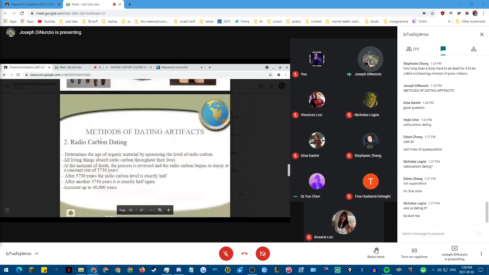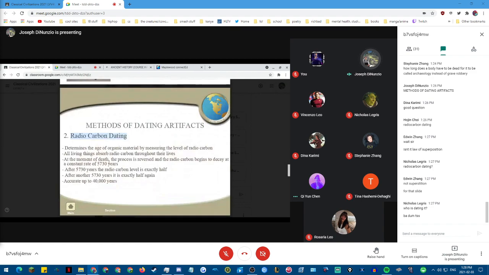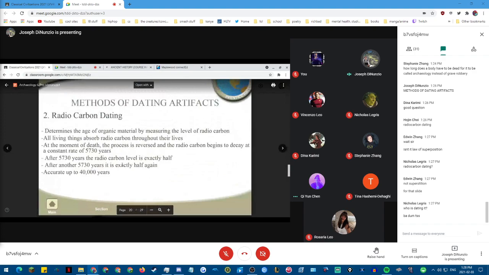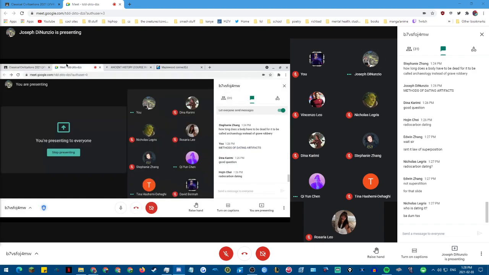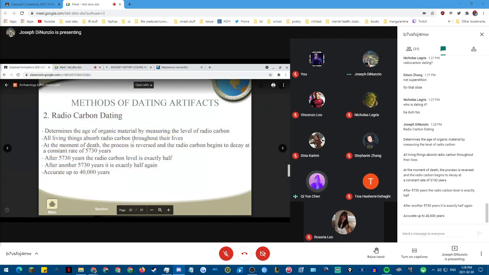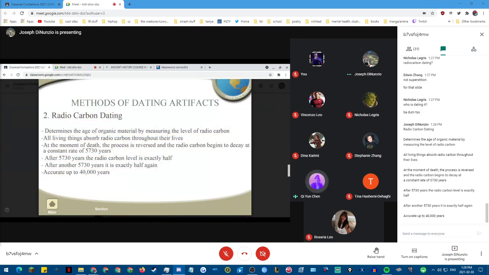So this is a better one, right here, radiocarbon dating. This is a really good explanation of what it is and how it works. Go ahead. Number 2, radiocarbon dating. It determines the age of organic material by measuring the level of radiocarbon.